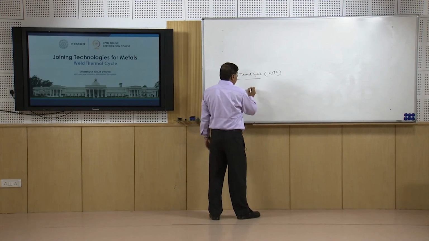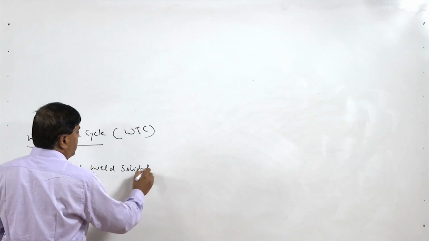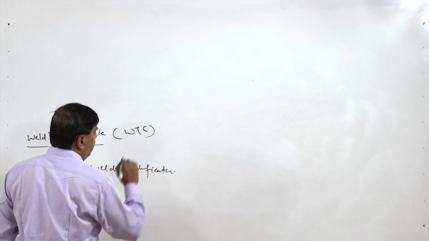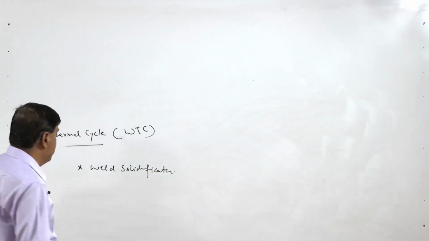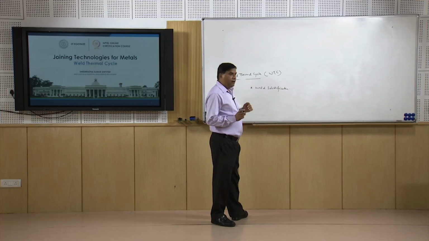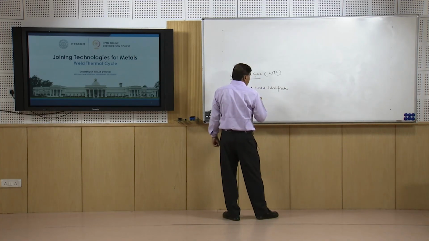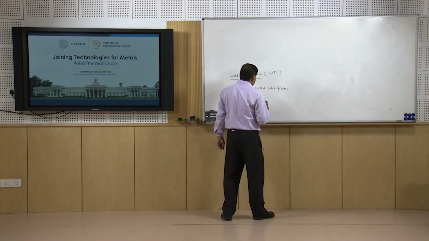So the weld thermal cycle affects the weld solidification, which in turn determines the solidification structure, whether it will be fine or coarse. It affects the tendency for the entrapment of gases, which in turn determines whether there will be porosity or not, and it also affects the segregation tendency.